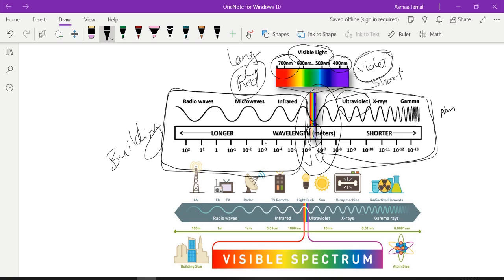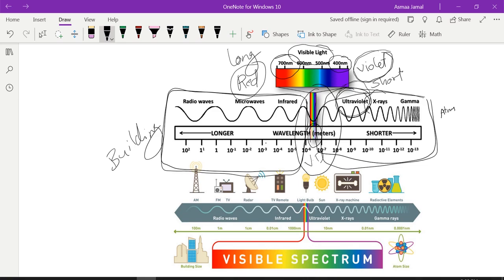This one could cause cancer, and we absorb it by our skin and our crystalline lens inside our eyes. We use the ultraviolet in fluorescent tubes. They could also use it in killing germs and bacteria.